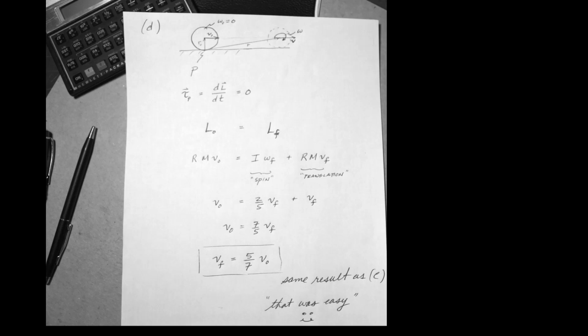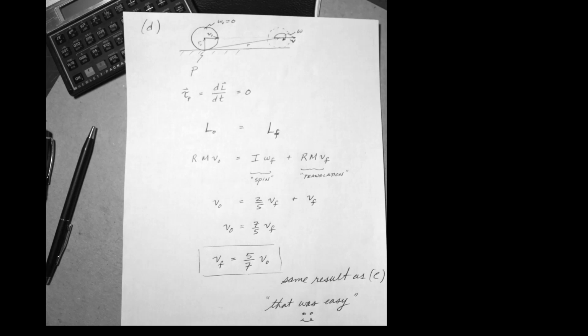Now, when this finally gets to that point, when the bowling ball is rolling without slipping, and we're at that final velocity of the center of mass, which is equivalent to the final angular velocity times the radius, because we have that rolling condition, then the final angular momentum will have those two parts that spin about the center of mass and the angular momentum due to translation that we had discussed in class.